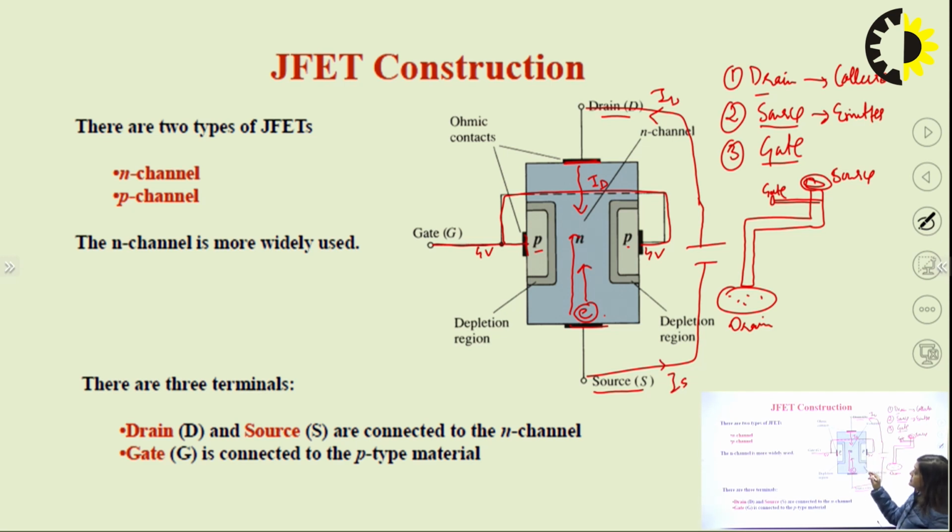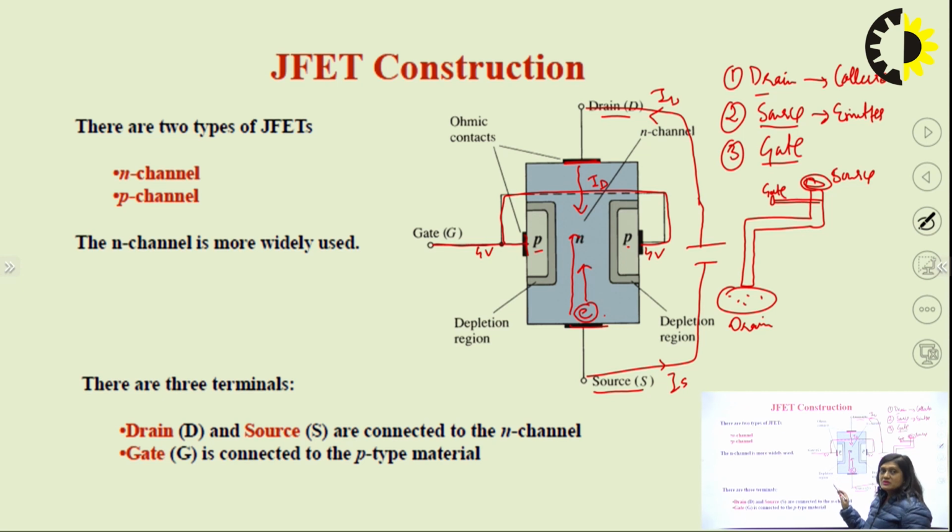Through the N channel, we will first give the drain to source voltage, and we will check the amount of drain current with the change in the drain to source voltage. At this point we have not made any connection between the gate and source.